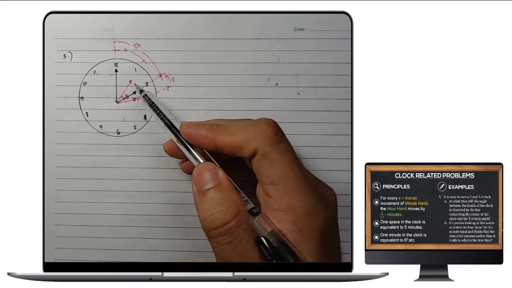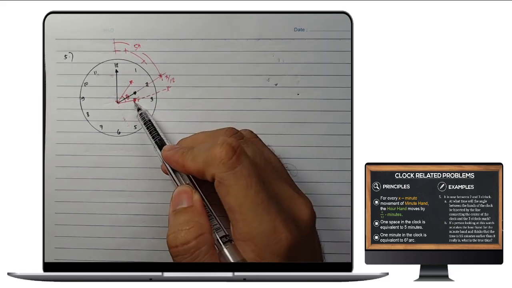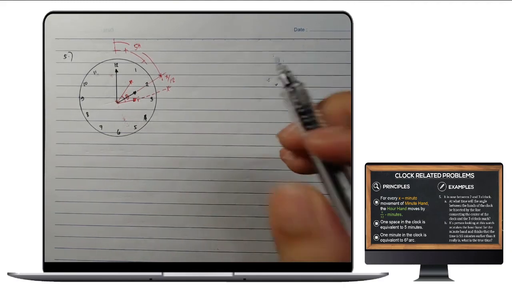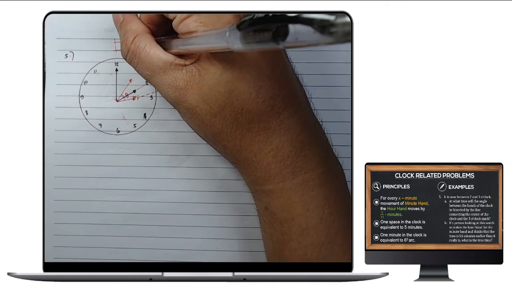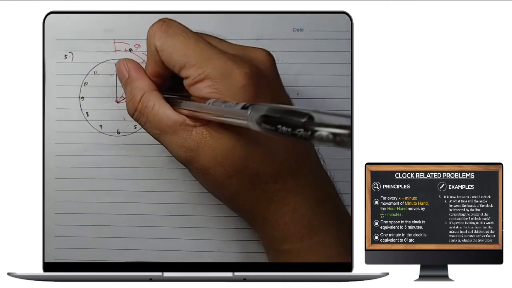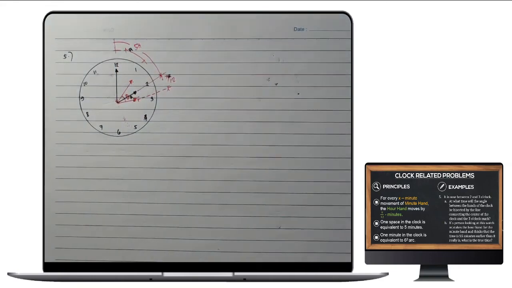And since the minute hand is behind sa ating hour hand, so we can say that let's call this as x sub r or the real minute hand. Okay, so this is x sub r and this is theta sub r or the real hour hand.